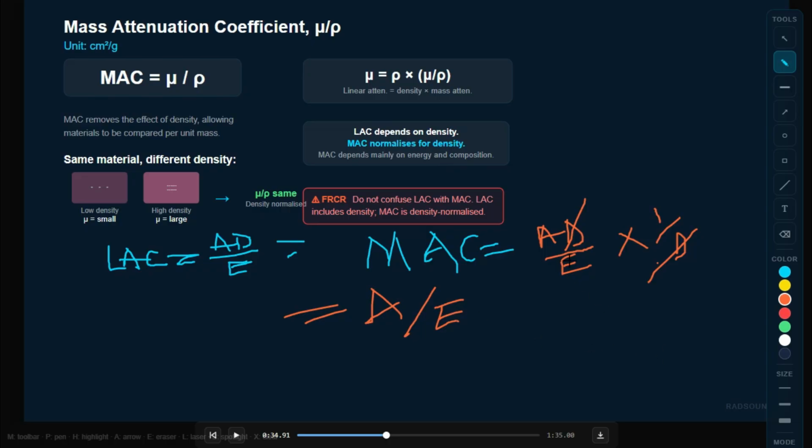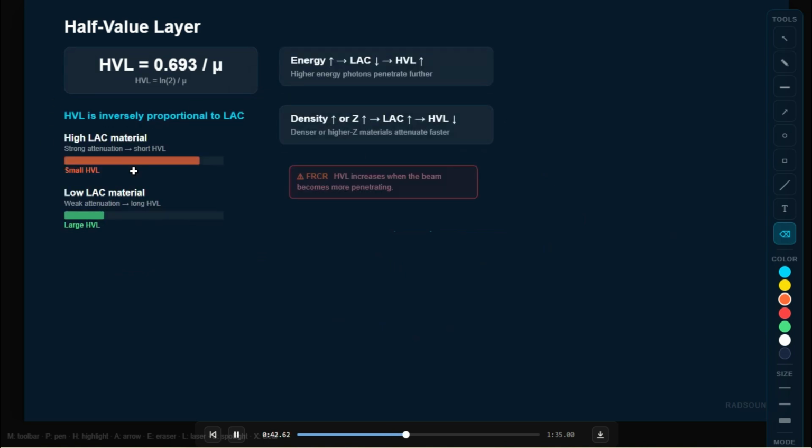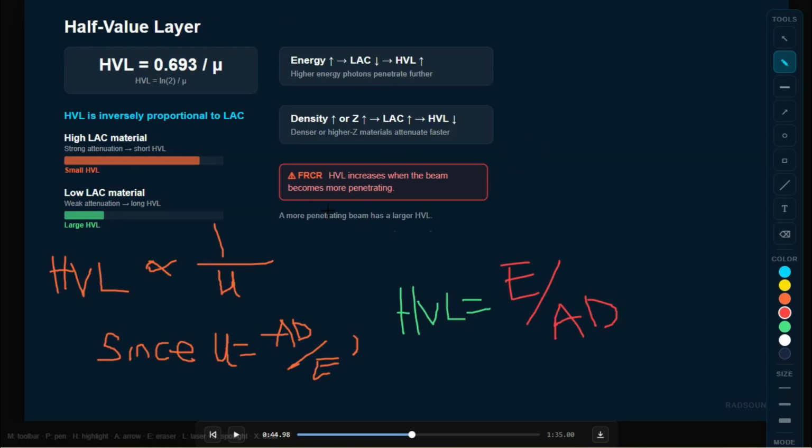Okay, so let us discuss the half value layer. The half value layer is defined as 0.693 over mu, which is the linear attenuation coefficient. So anything with a high mu, meaning strong attenuation, will have a low half value layer, because the half value layer is inversely proportional to the linear attenuation coefficient.